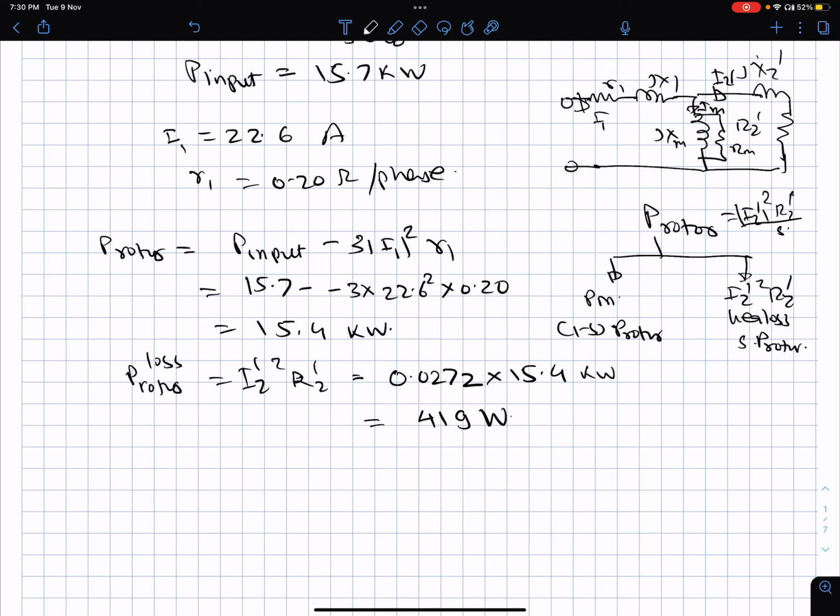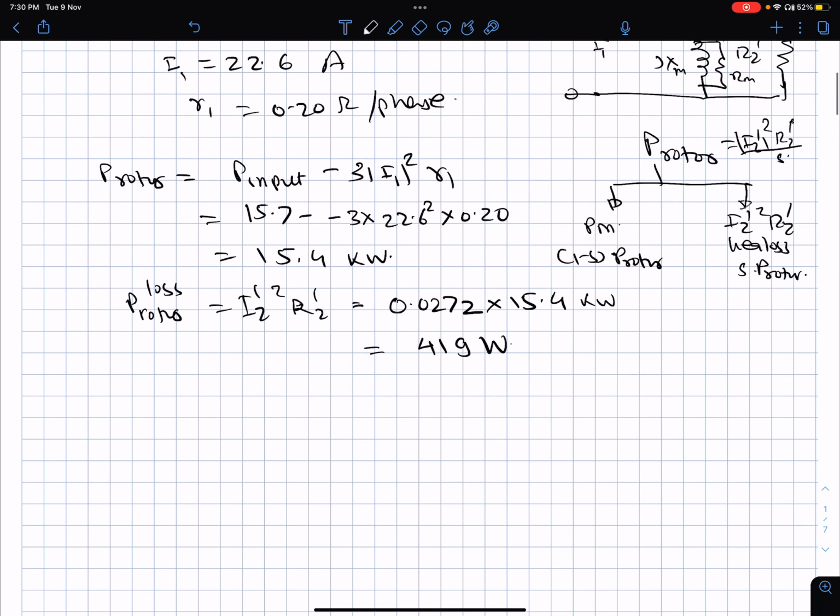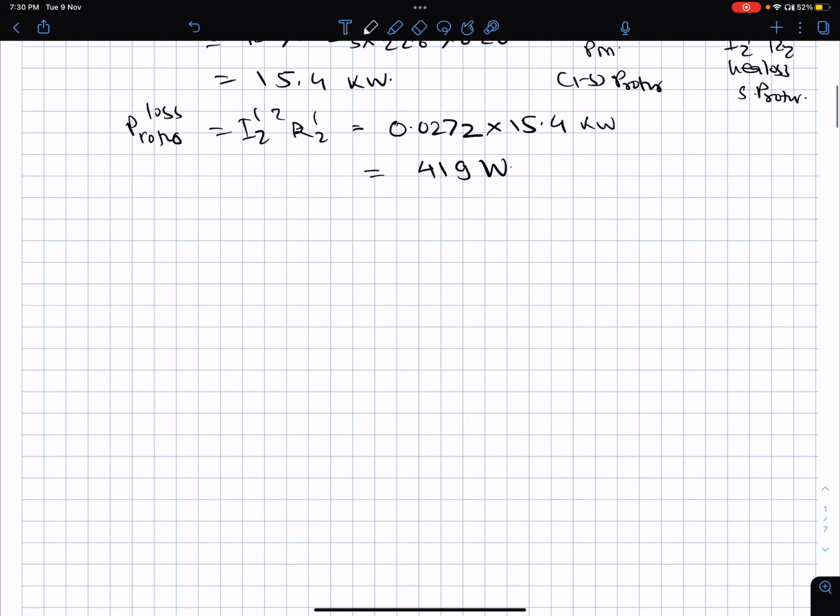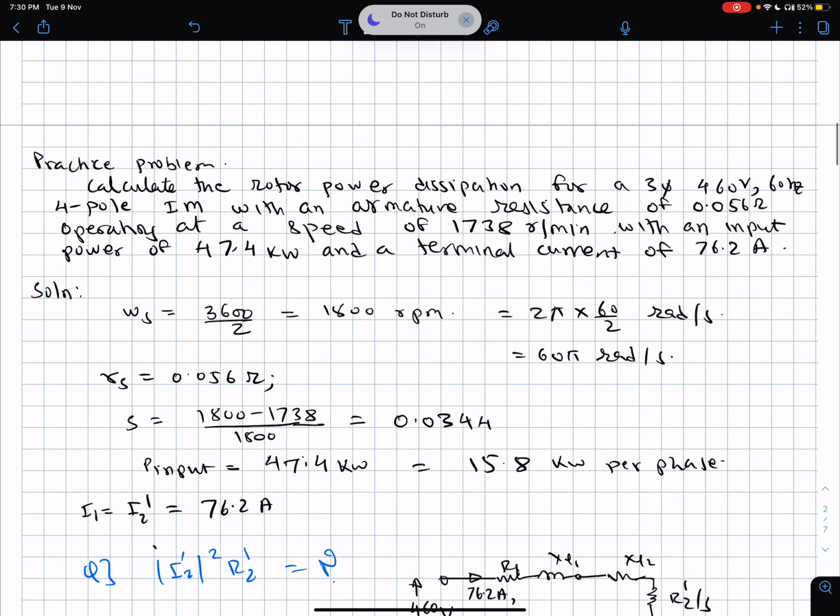So this is the loss which will happen in the rotor winding. Fine. Now let's take another.